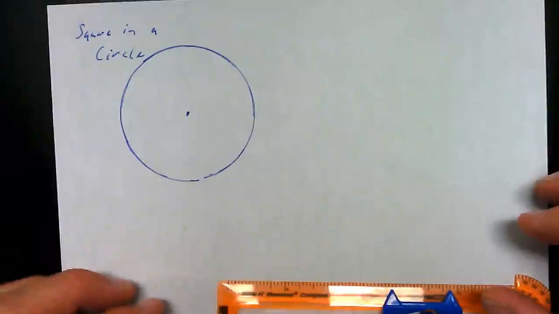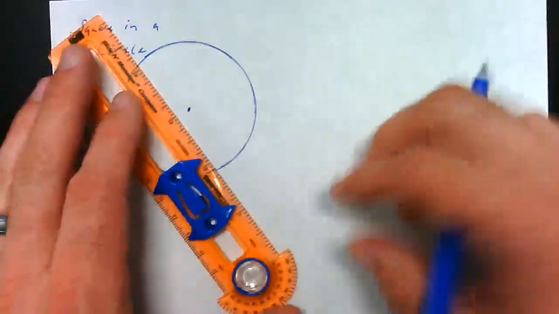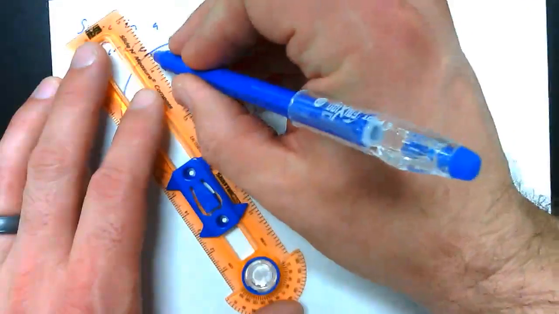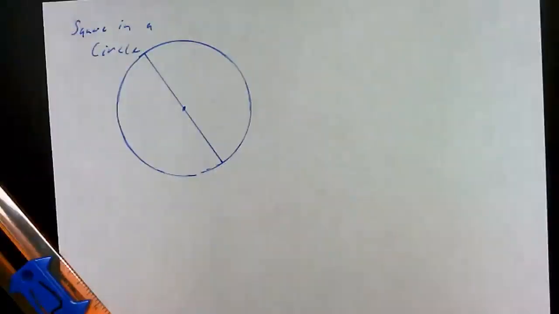So for a square, we're actually going to start off with a diagonal, or a diameter. But our diameter for the circle will act as a diagonal in the square. So we have to make sure we draw this diameter through the center point of the circle. All right? So it's going to be through the center point of the circle.